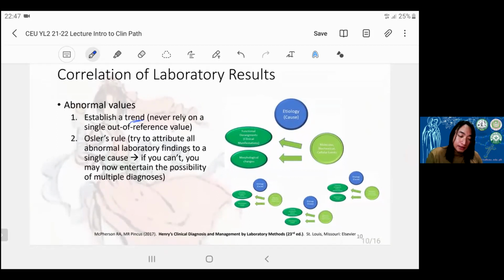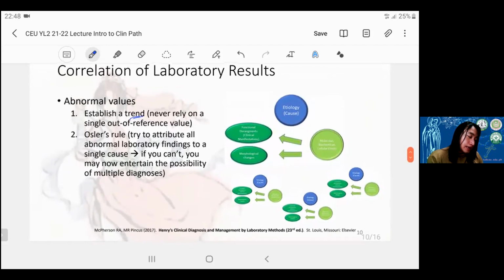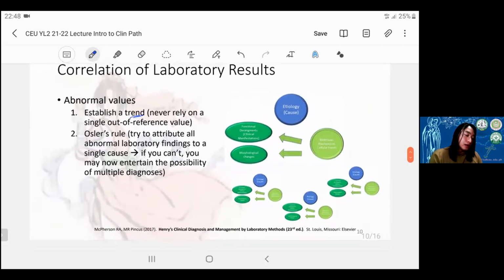And remember, in statistics, the more samples you have, the more accurate or the more probable your hypothesis is. So it increases the power of your hypothesis. And that's what we do when we try to determine the trend of out of range values of laboratory tests.